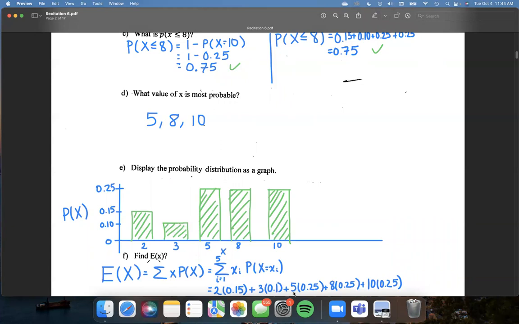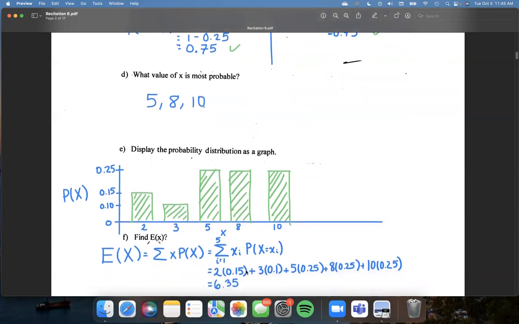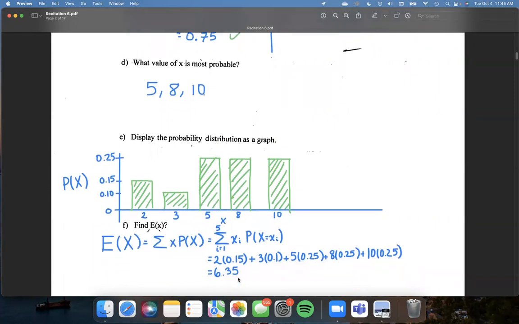Then we add that to our next x value, x equals 5, so 5 times 0.25. Then we add that to 8 times 0.25, and then to 10 times 0.25. When you put that in your calculator, you should get 6.35 as our expectation of x. All right.